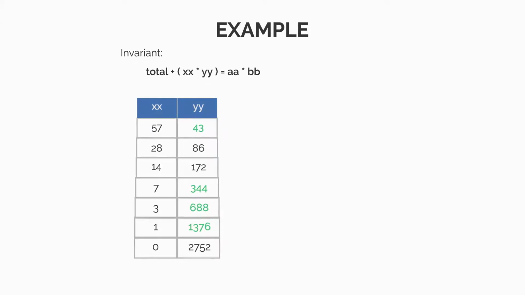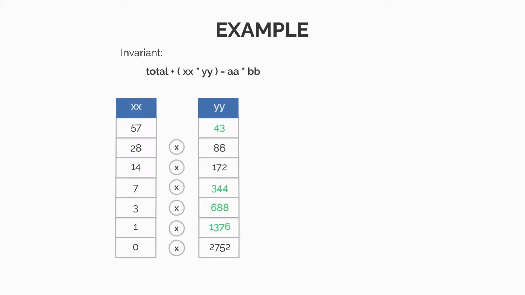For the body of the loop, we can look at this table. Notice each time we divide xx by 2 and we multiply yy by 2, we keep the expression total plus xx times yy equals AA times bb true.